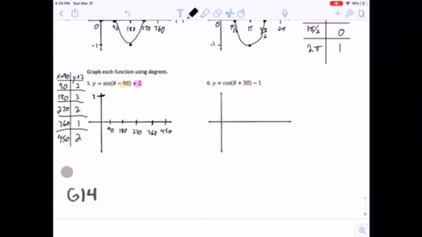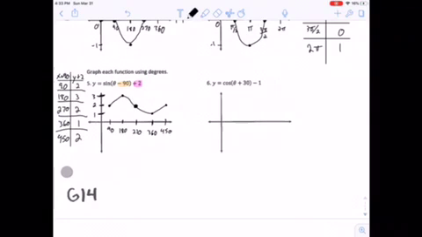We'll say 1 is like right here, and 2 will be right in between there. And you just plot it: 90 and 2, 180 and 3, 270 and 2, 360 and 1, 450 and 2. And then you just connect the dots. And hopefully you can make yours look a lot better than mine, but essentially that's what it would look like.